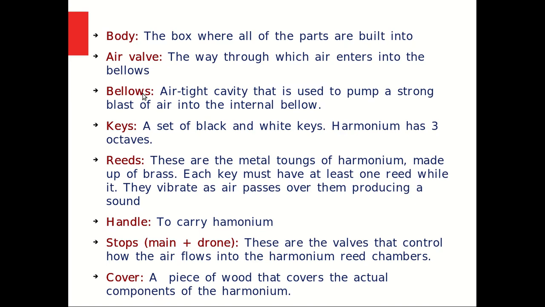The bellows are nothing but an airtight cavity used to force a strong blast of air into the internal bellow. In the internal bellow, there are some keys that decide which reed vibrations we have to consider.